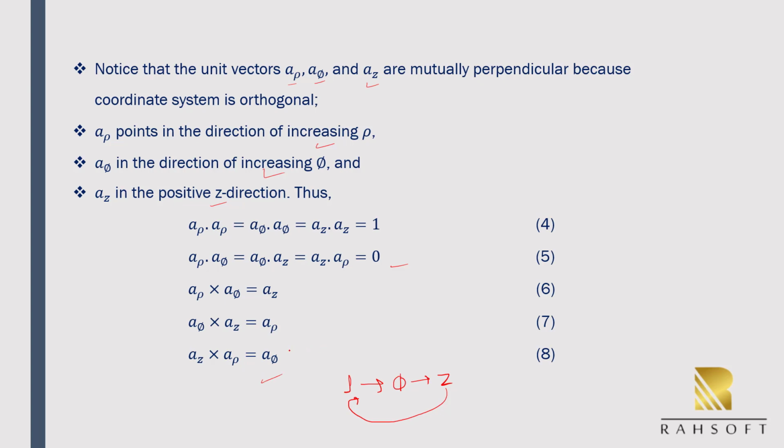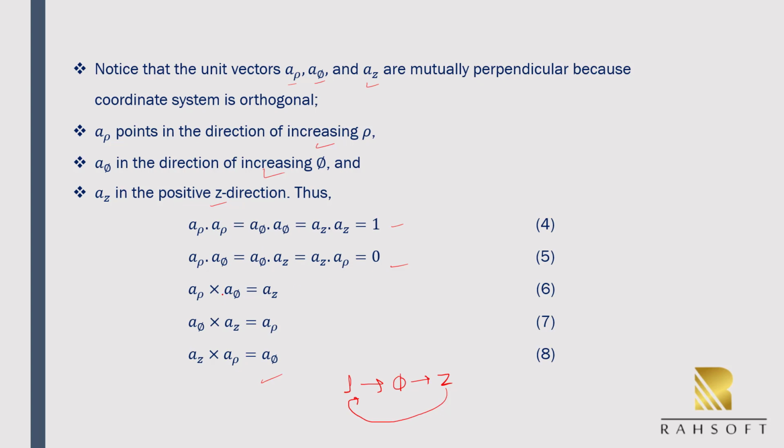This is the main fact about the unit vectors of cylindrical coordinates, because these are orthogonal and you can just apply the dot product here. If we apply the dot product to the same unit vectors, you will get 1, and if we apply it to different unit vectors, we will get 0.